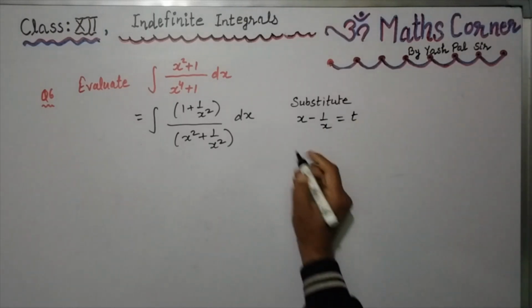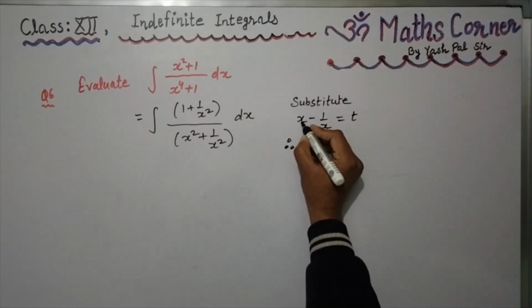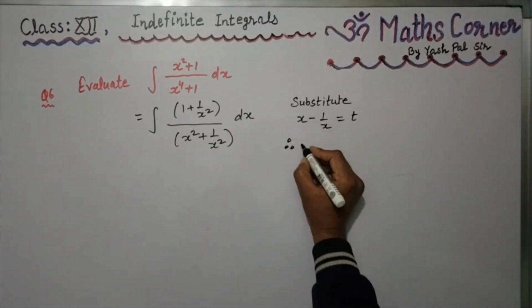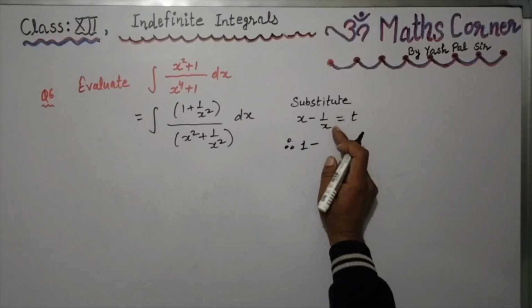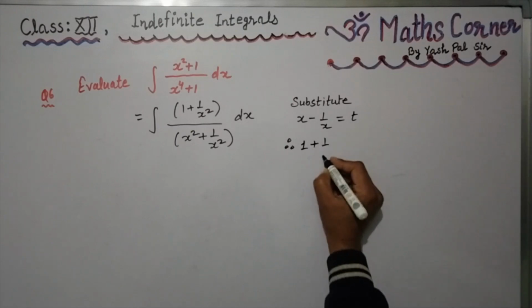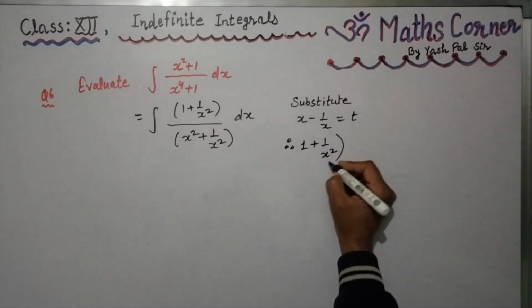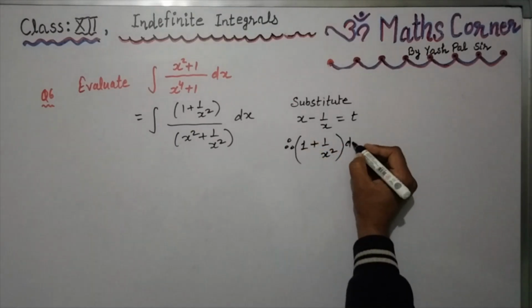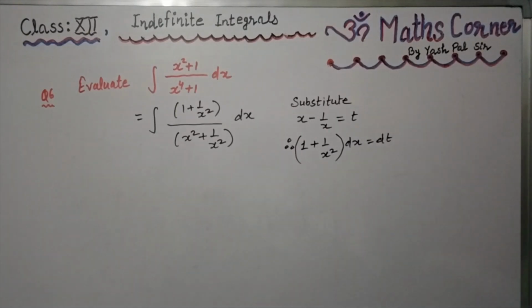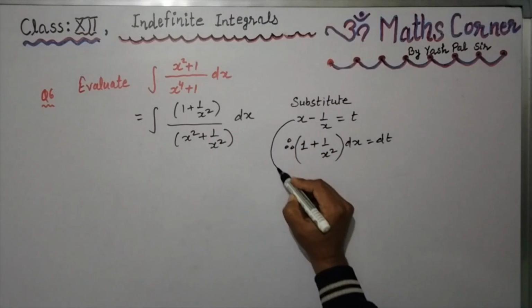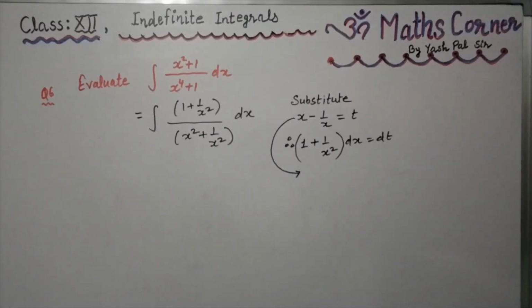Okay, now what we do, we substitute x minus 1 upon x as equal to t. So the derivative of x is 1, derivative of 1 upon x is plus 1 upon x square, 1 upon x square with respect to x mean dx, right hand side is dt.